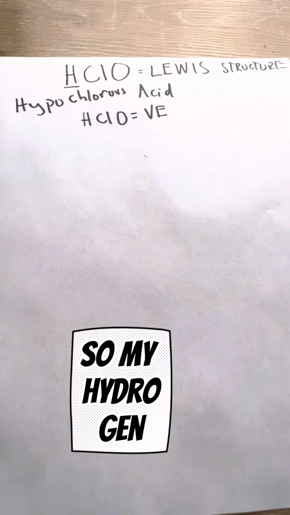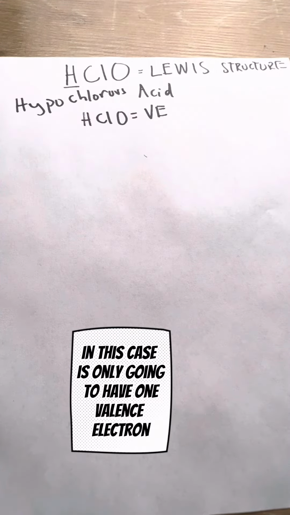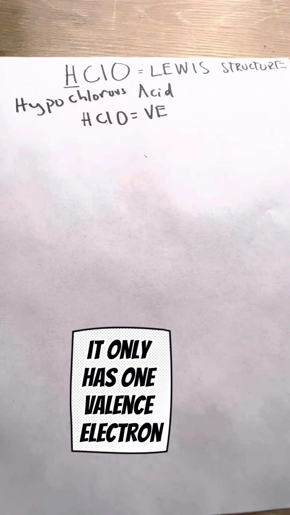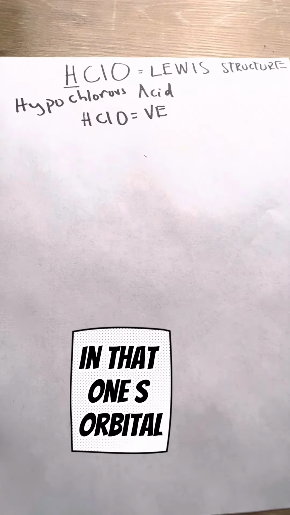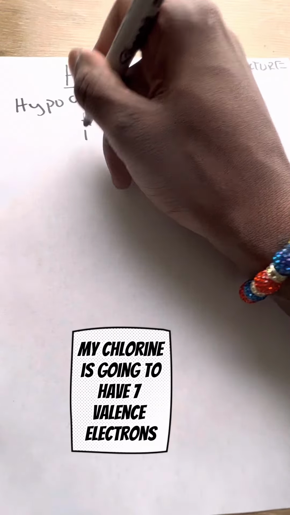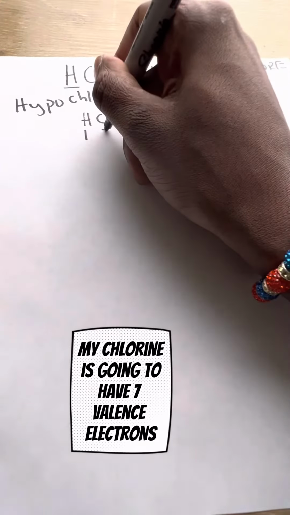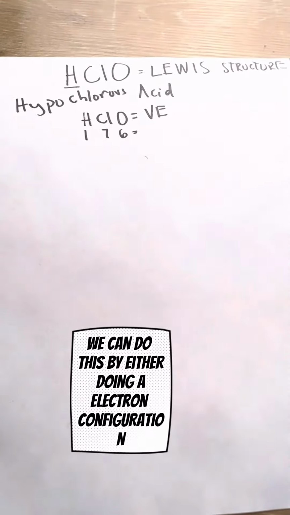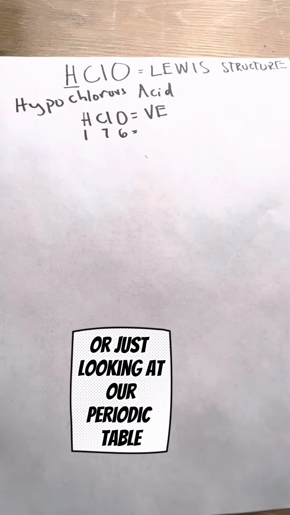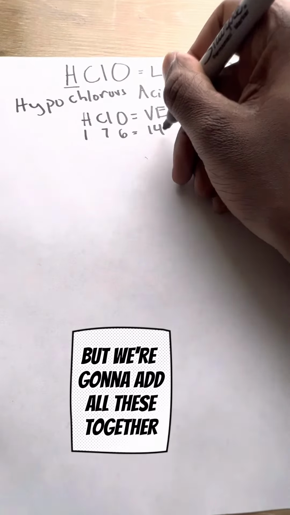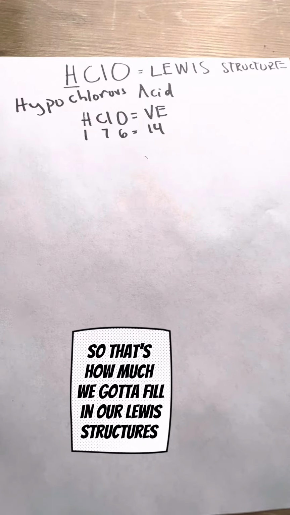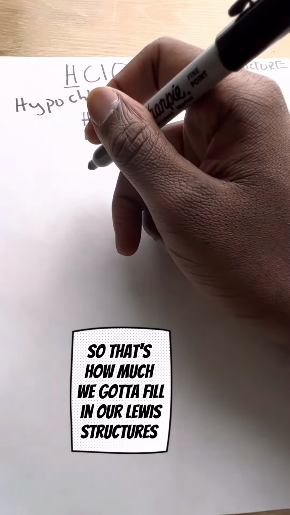My hydrogen, in this case, is only going to have one valence electron, in that 1s orbital. My chlorine is going to have 7 valence electrons, and my oxygen is going to have 6. We could do this by either doing an electron configuration or just looking at our periodic table. But we're going to add all these together, and we see we have a total of 14 valence electrons. So that's how much we have to fill in our Lewis structure.